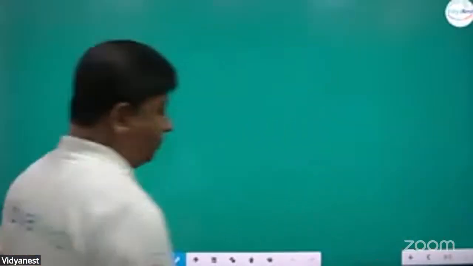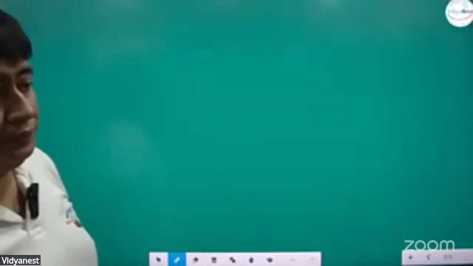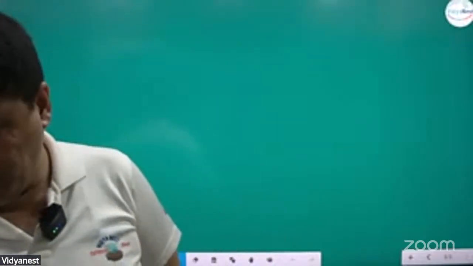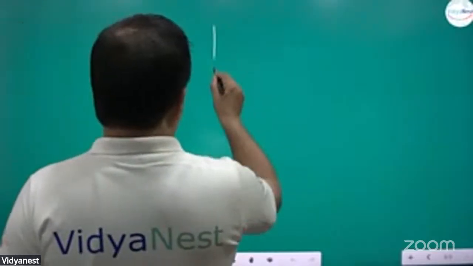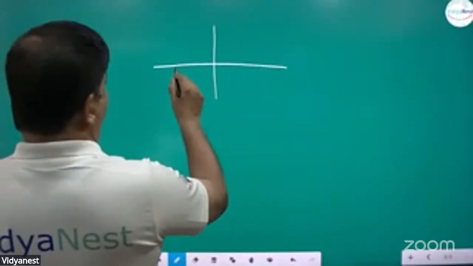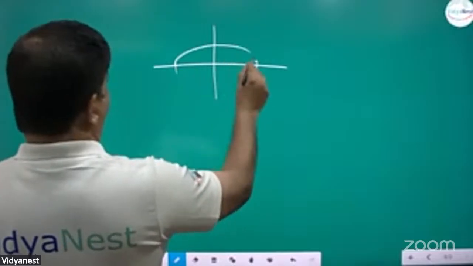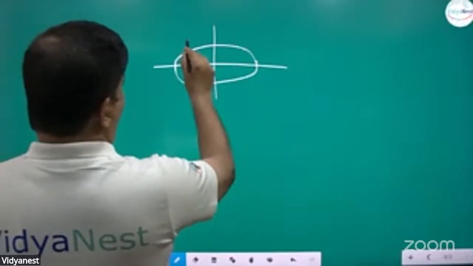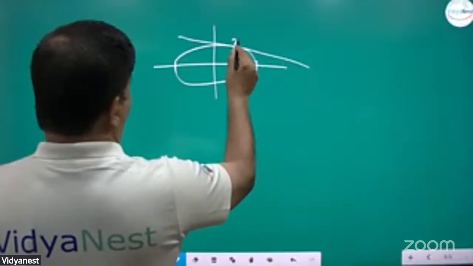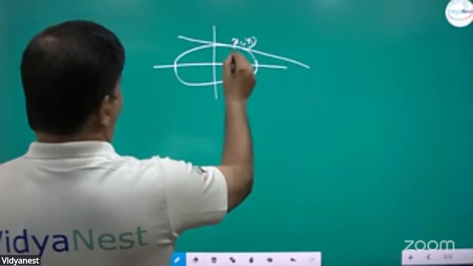Now, we have got till now the equation of tangent in slope form. Now, the equation of tangent at any point of the ellipse will be what? That is an ellipse. Any point x1, y1.